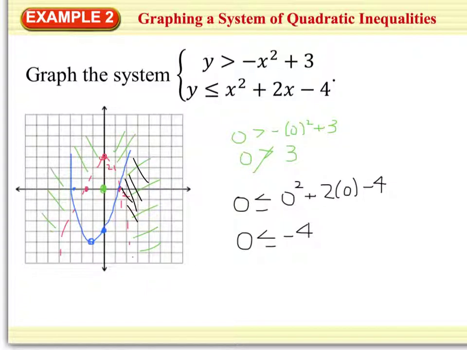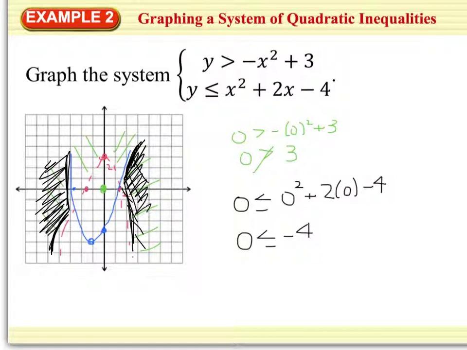Now it has to stay outside of the red as well as the blue. So what you'll notice is our overlapping region is going to be kind of right here and in this direction. We're going to follow the blue line up to the red line, and it's going to be everything out here in this region. So this is where our solutions are going to be found.